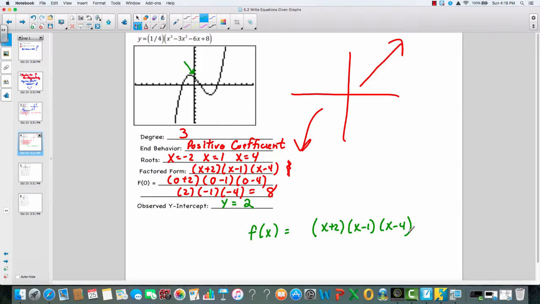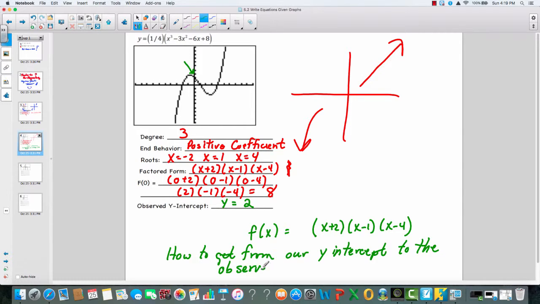You now have to ask yourself, how did you get from our y-intercept to the observed? Okay? How do you do that?